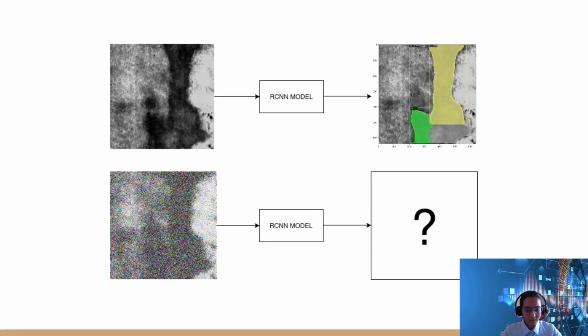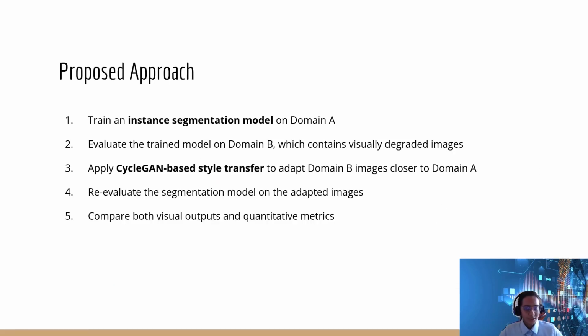Hence, this project addresses this issue by introducing domain shifting. So basically, we are first converting the messy images into clean images before giving them to the RCNN model. For this project, we'll say domain A is the clean and ideal images, and domain B is the messy and noisy images.